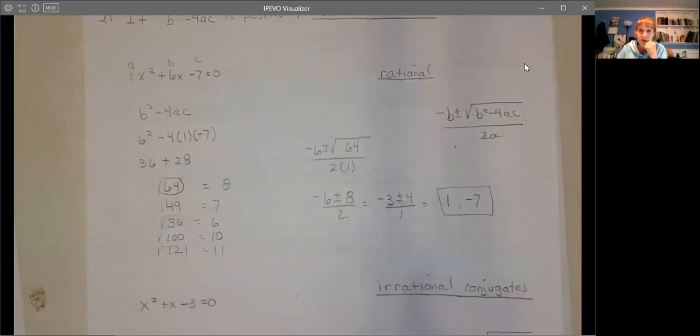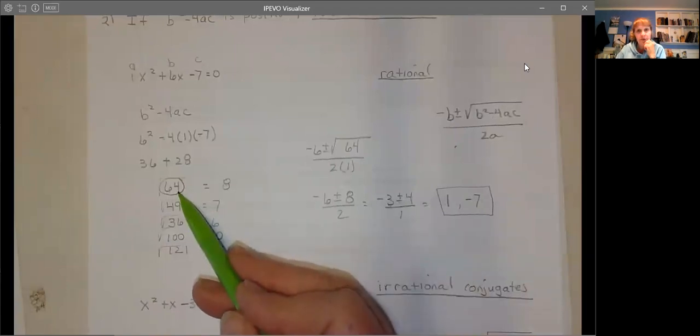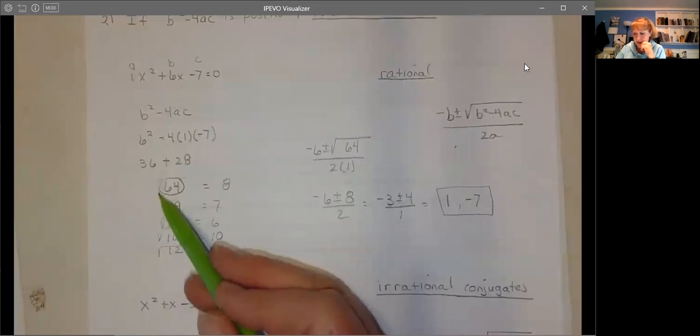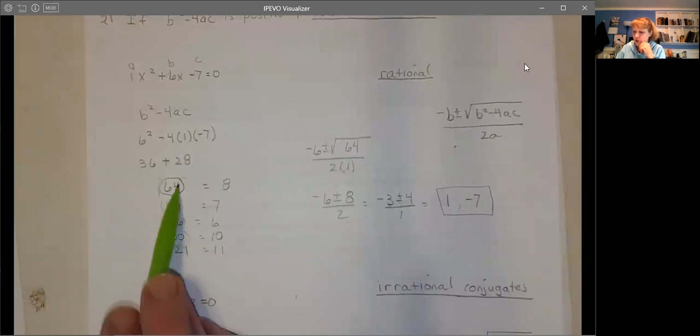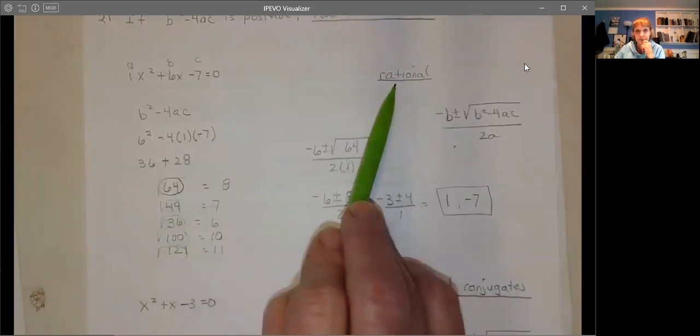Rational can be a fraction too, just as long as there's no radical. Again, our discriminant was positive and it was a perfect square, so we could take the square root of that and get 8. If we had gotten 49 or 36 as our discriminant, these are examples of when you will get a rational real solution.